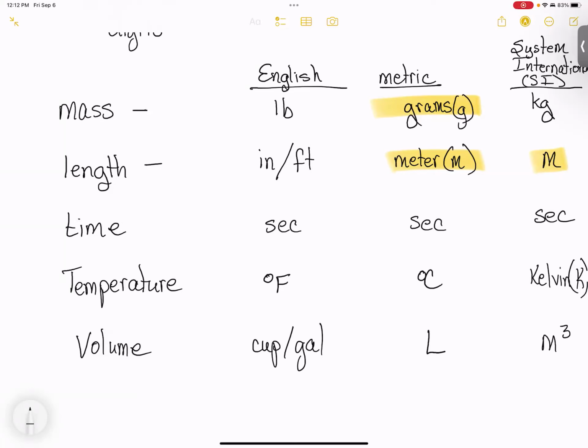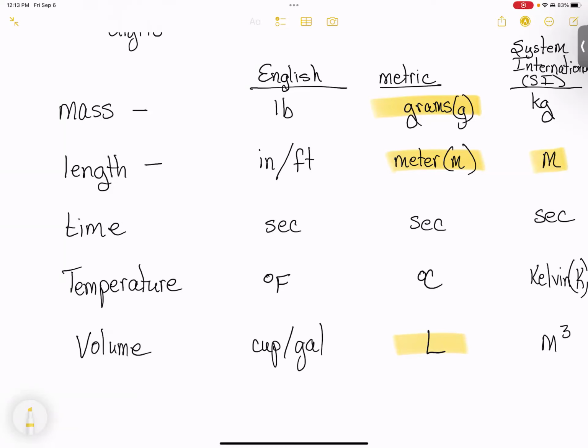Now, we tend to use the metric system or some unit of the metric system because most of the things that we measure are powdery solids, liquids, maybe some gases.